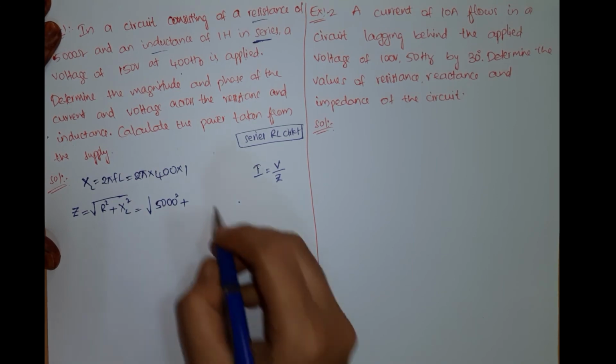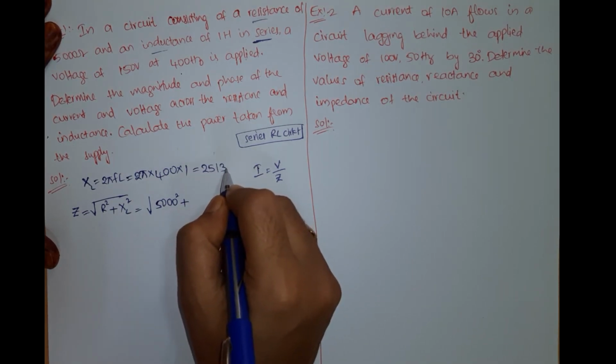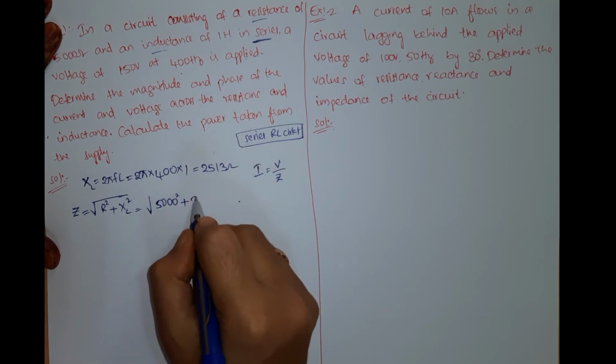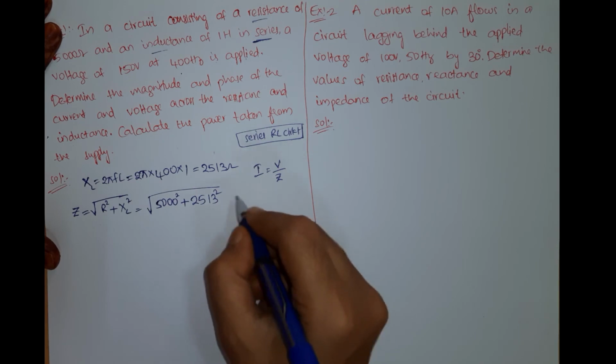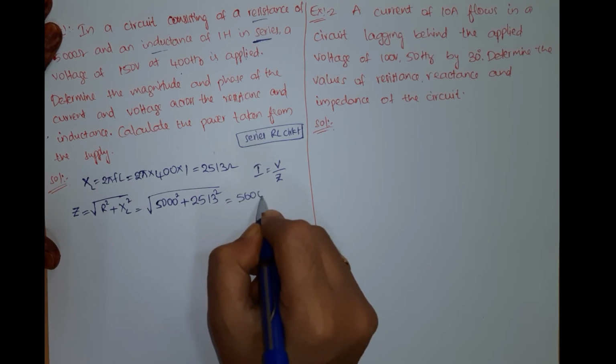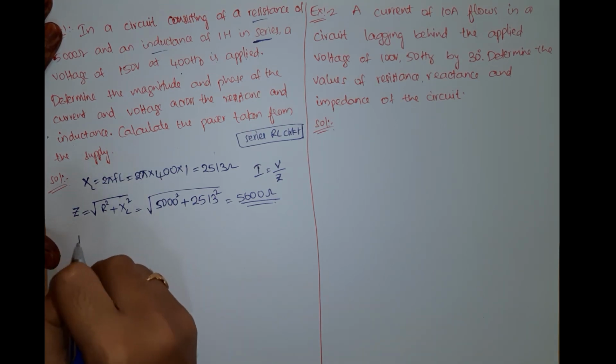So if you calculate it, you will be getting 2513 ohms. So if you substitute it, we will get the answer for Z, that is 5600 ohms. Right?